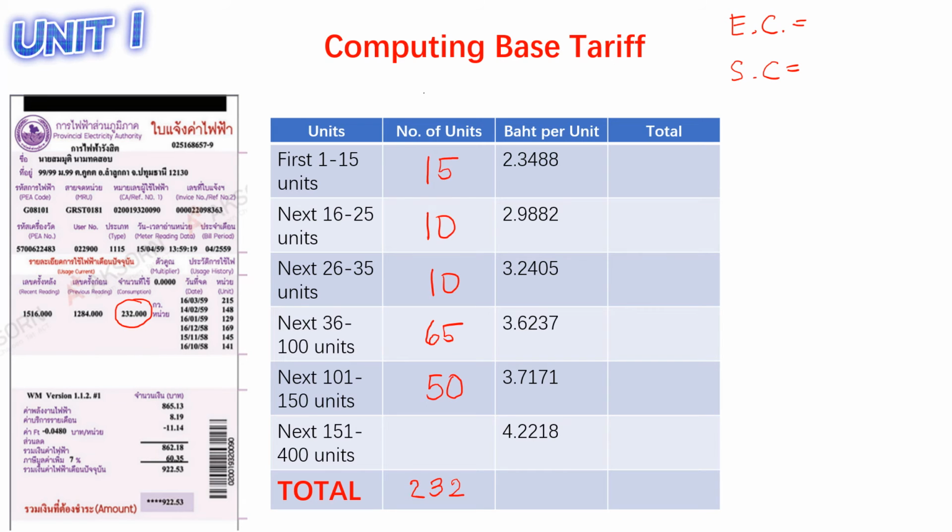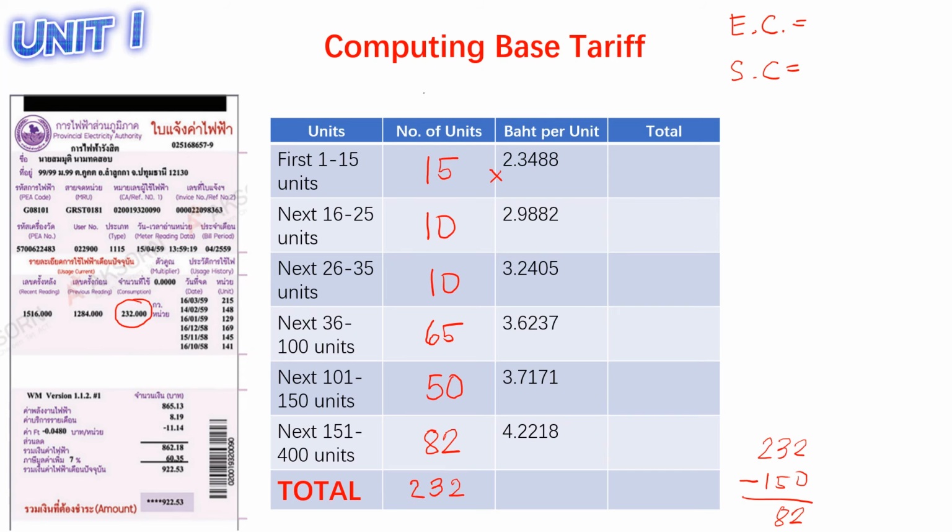And then the next 151 to 400, we can just have 232 minus. You add 15 plus 10 plus 10 plus 65 plus 50, so you will get 150. So 232 minus 150, and you will get 82. So the next 151 to 400 units here is 82.